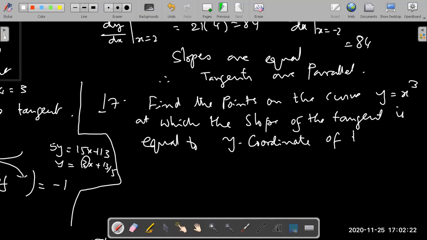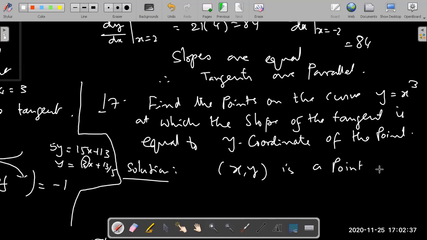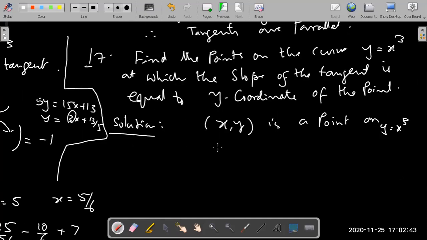Okay, now first thing is talking about the point. What is the point? So x comma y is a point on the curve y is equal to x cube. In other words, we know that y is equal to x cube.